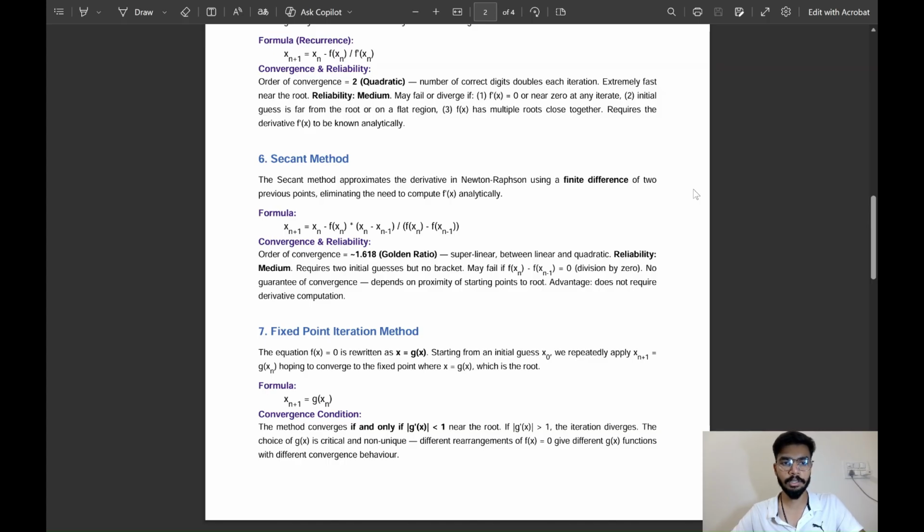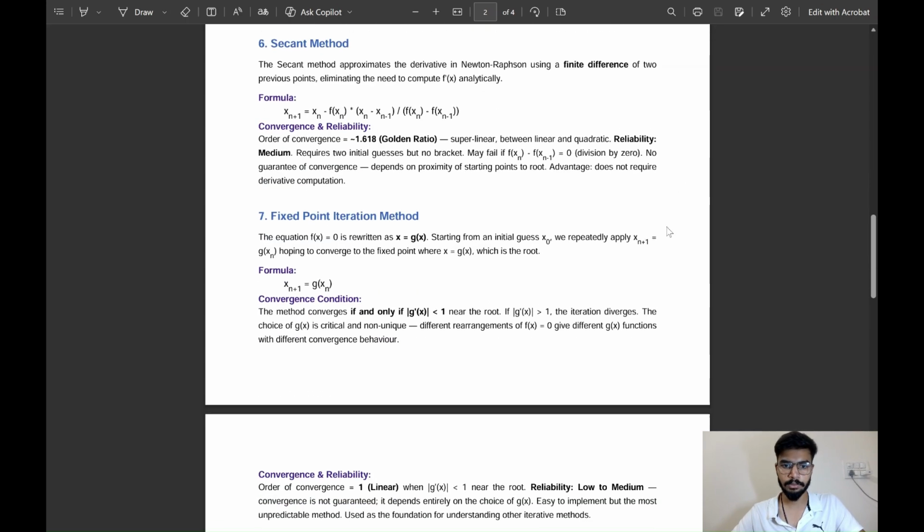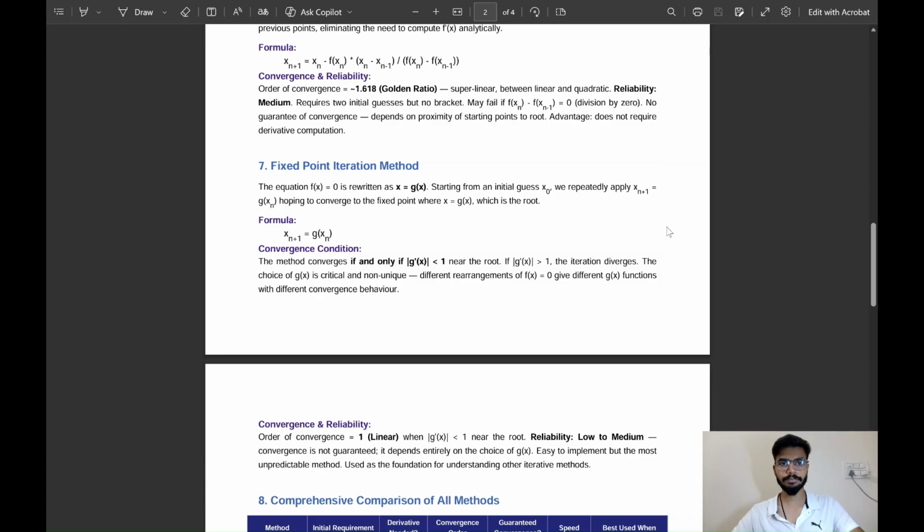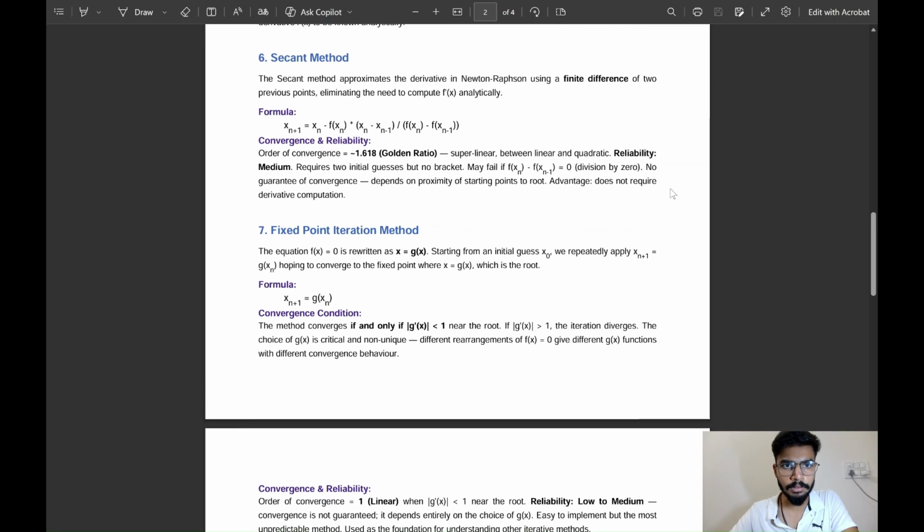Now we will see its convergence and reliability. The order of convergence is like the golden ratio, approximately 1.618, superlinear, between linear and quadratic.